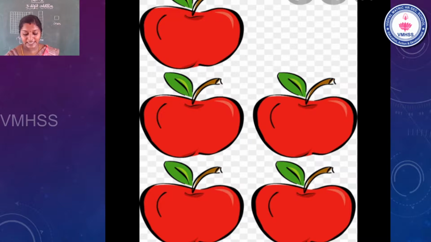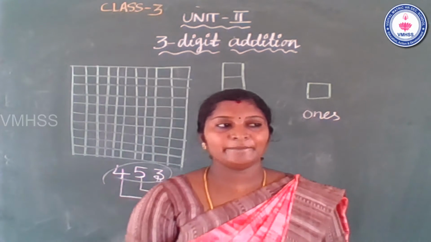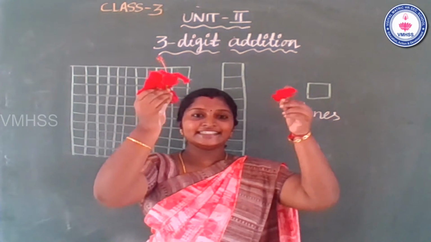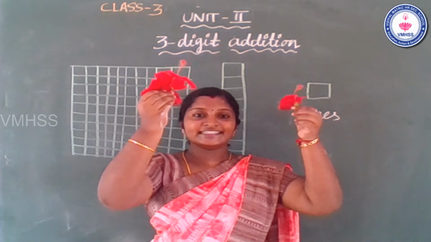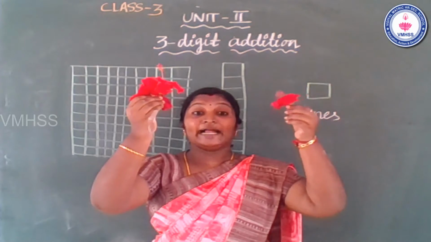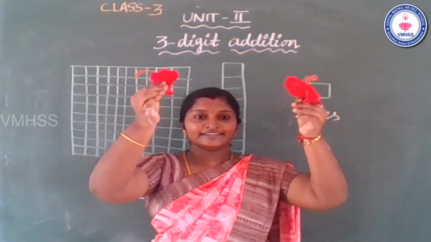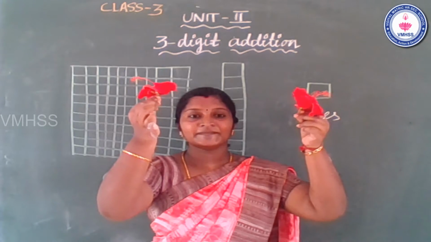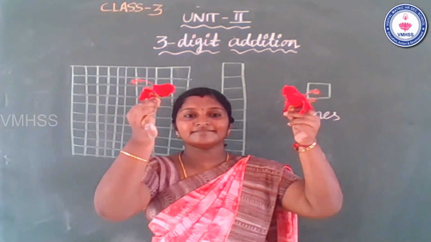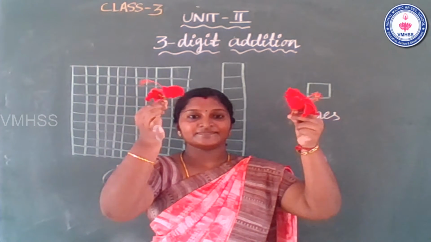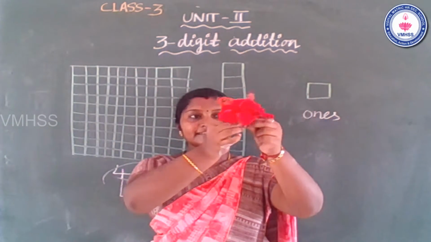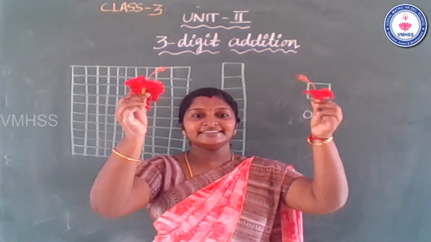Okay, students, please listen carefully. Students, please see. What is this? Very good. Hibiscus flower. Okay. How many flowers are there? You count this. 1, 2 and 3.